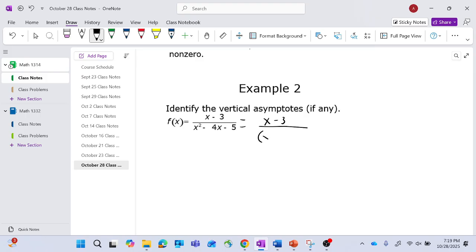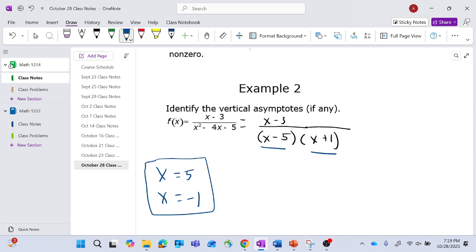But the bottom factors to x minus 5 times x plus 1. So what that means is your vertical asymptotes are x equals 5 and x equals negative 1.